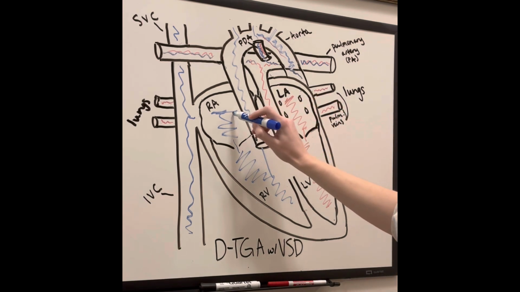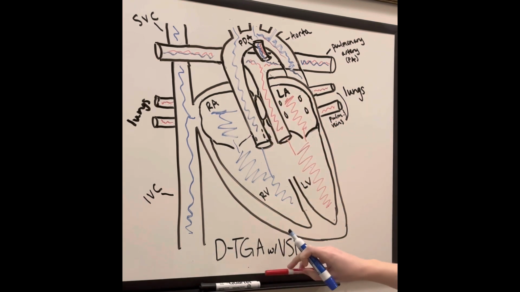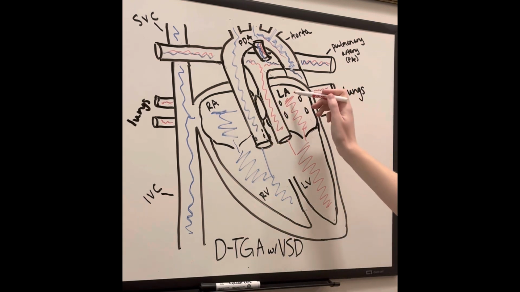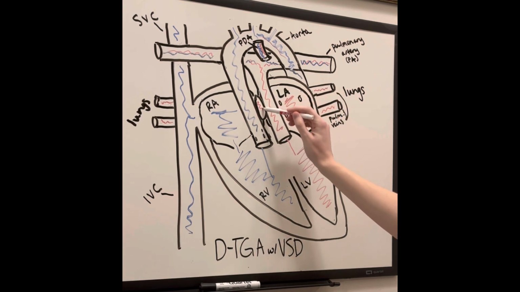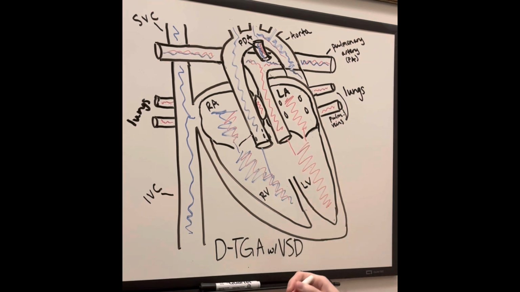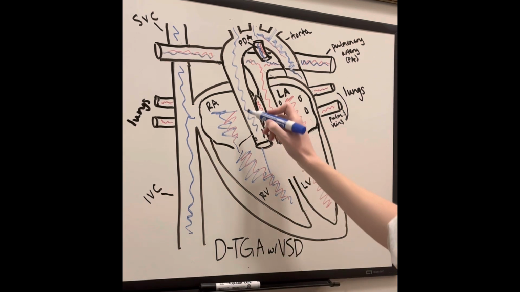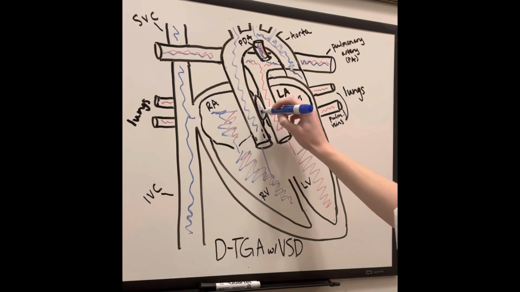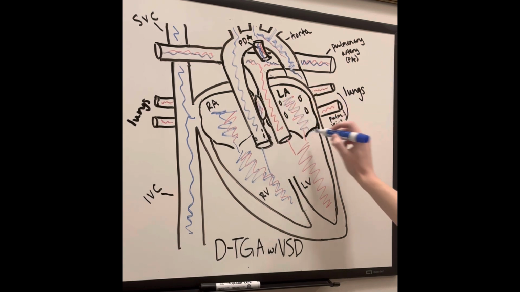But that also allows for blood from the left side of the heart to come to the right side to mix, and then from the right side to the left side to mix.